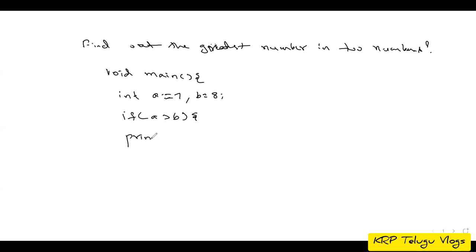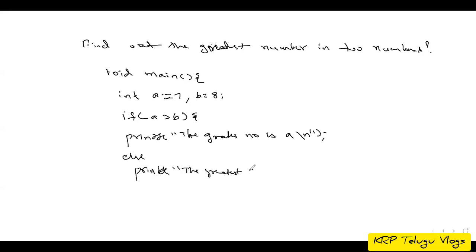Printf the greatest number is a. Else printf the greatest number is b. So note down this.